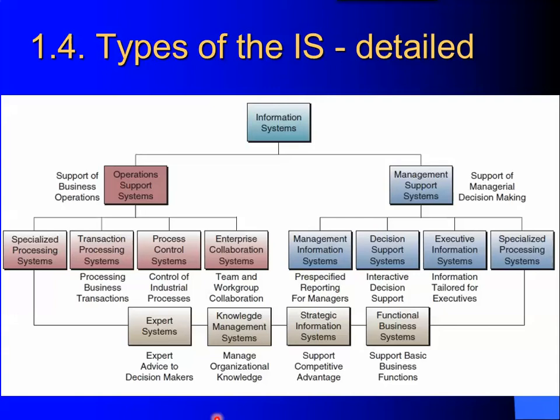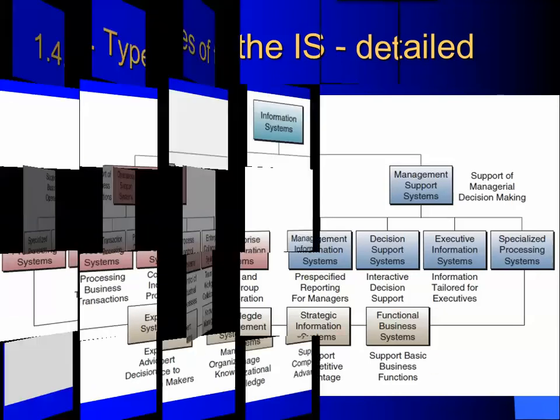In contrast, expert, knowledge management, and strategic information systems could form a special group which interacts between the two, because they have features from both operation support and management support. They form this third bottom group.